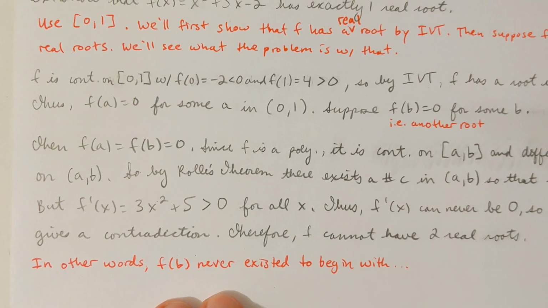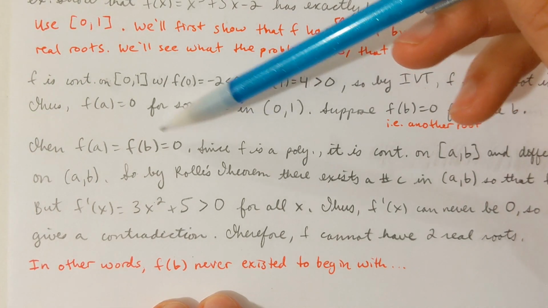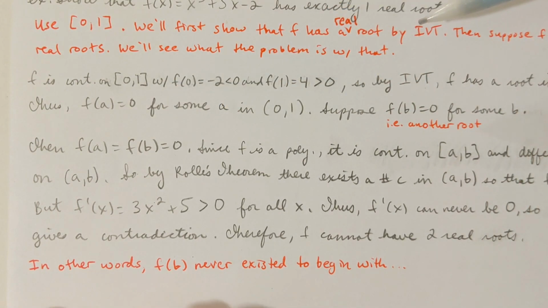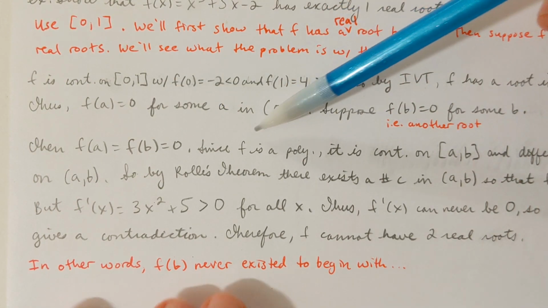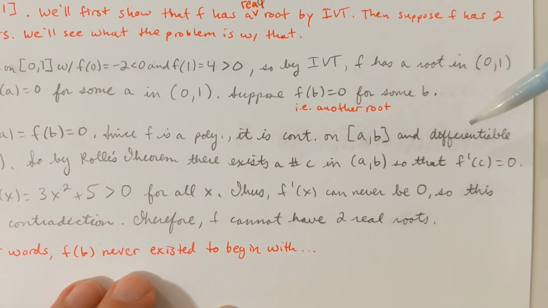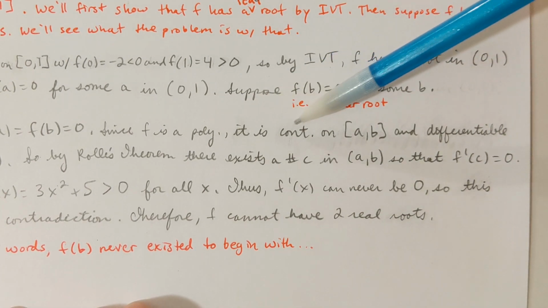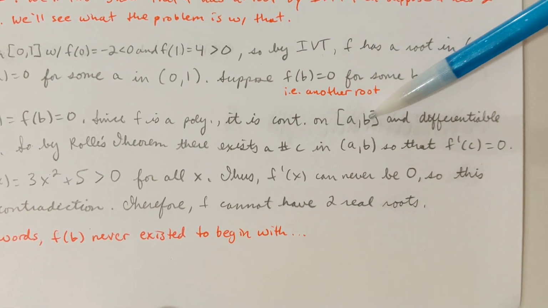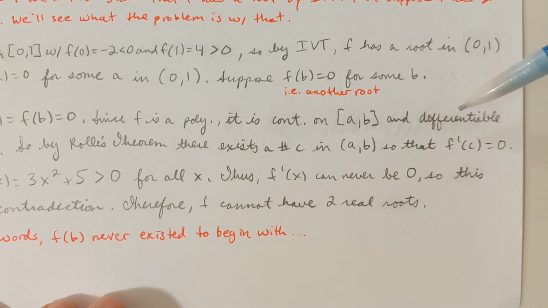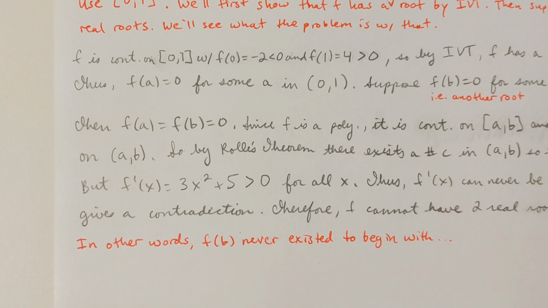So f of a is 0, f of b is 0, therefore they're equal. Now, f is a polynomial, and polynomials are continuous everywhere, right? So f would be continuous on some closed interval ab, and it would be differentiable on the open interval ab. Polynomials are differentiable everywhere.